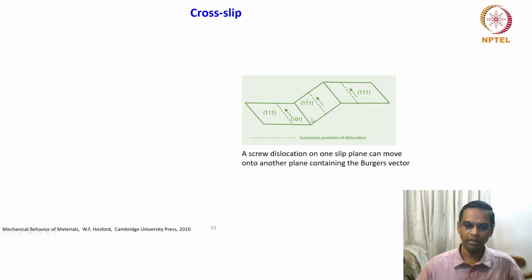And there is another plane which is not on the same level but at some angle. So the screw dislocation can very easily glide onto this angular plane and then move on to the next higher level plane like that. That is the description of successive positions of a dislocation, especially a screw dislocation.